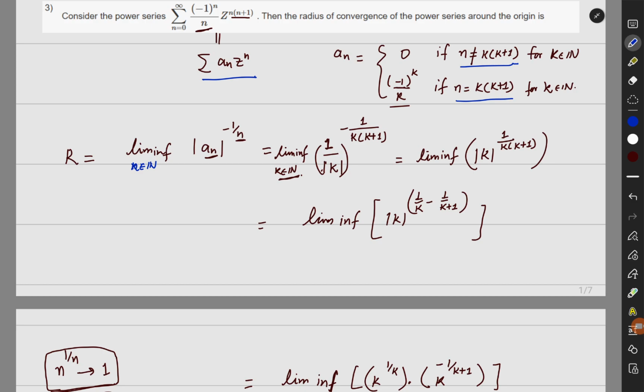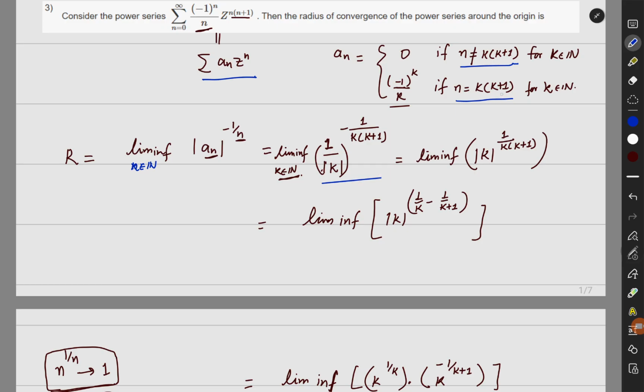But if we get some limit of these finite terms which are well defined, not actually 0 to the power minus 1, but the remaining terms, which are actually real numbers, then the limit will be some finite real number, not infinity. So we are going to focus on these non-zero a_n. So we write them in this way.